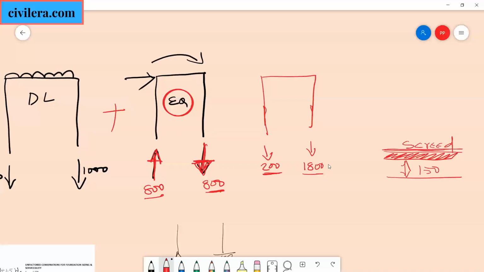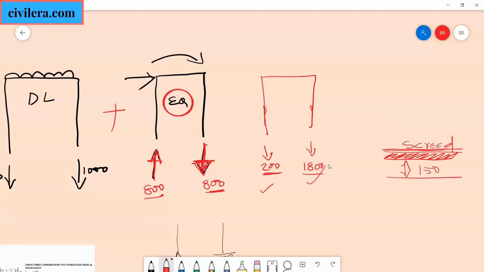This is what the architect and the client needed. You considered the thickness as 100, and you also considered the granite weight, everything, and then designed your structure, and you got 200 and 1800 for your building.